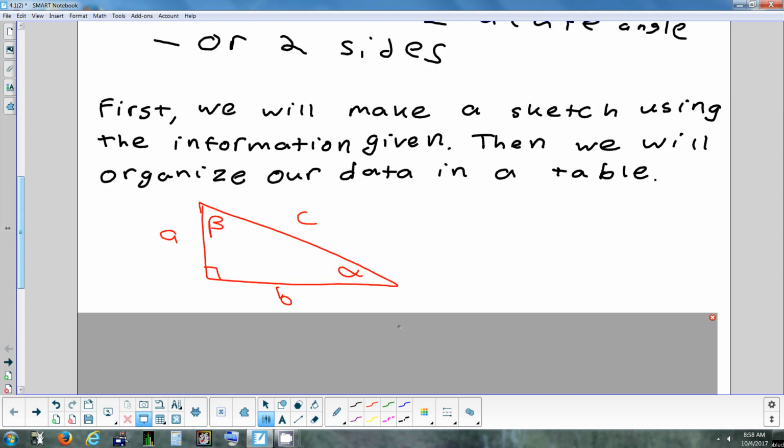You can sketch your triangle any way you want, okay, if you're just making a sketch. But wherever you put A, you have to put alpha across from it. Wherever you put B, you have to put beta across from it. Okay, always, however you sketch it, make sure you maintain that. A across from alpha, B across from beta. And that's always C.